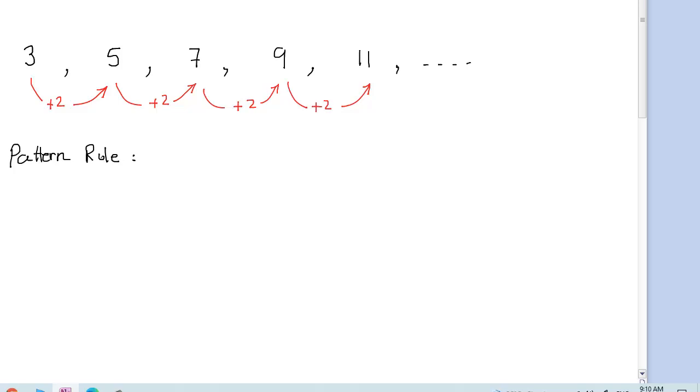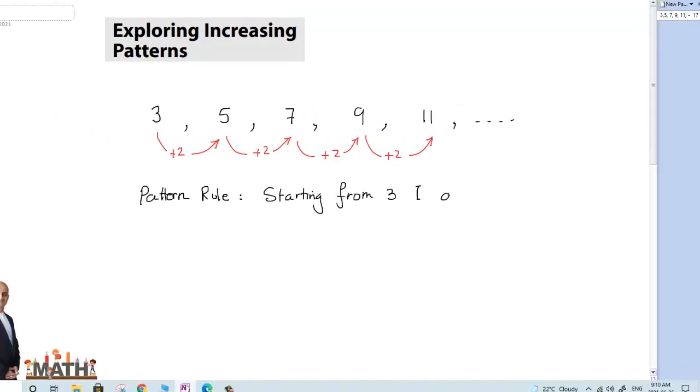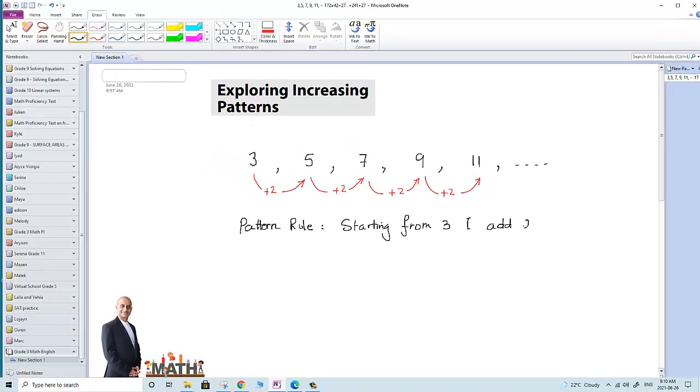What is the pattern rule? The pattern rule says starting from 3, I add 2. Every time I'm adding 2, but I started at 3.